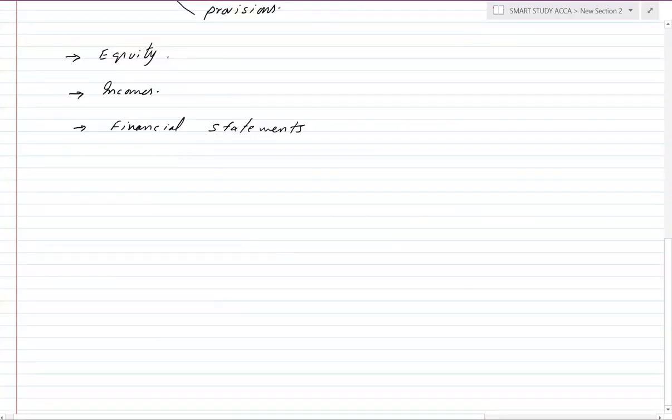So the basic final financial statements are P&L and statement of financial position. Normally, there are 5 legally required financial statements, but normally in F7 examination, your examiner normally tests P&L, profit and loss, and statement of financial position.